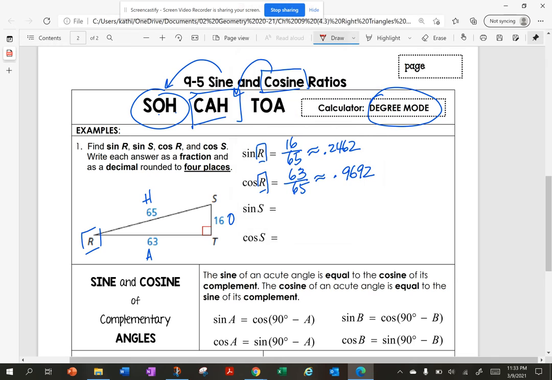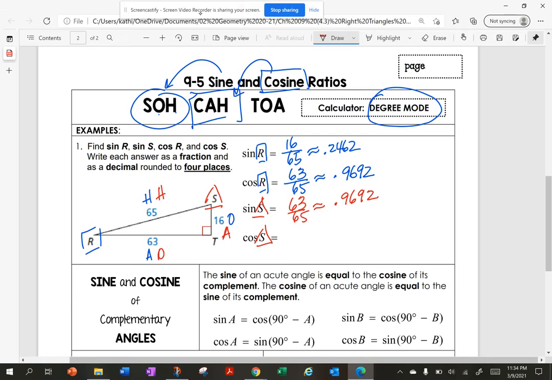Okay, so if I set up and have S as my reference angle, my hypotenuse is still 65, but opposite is now 63, and adjacent is 16. So my sine of angle S is 63 over 65, which we said is approximately 0.9692.